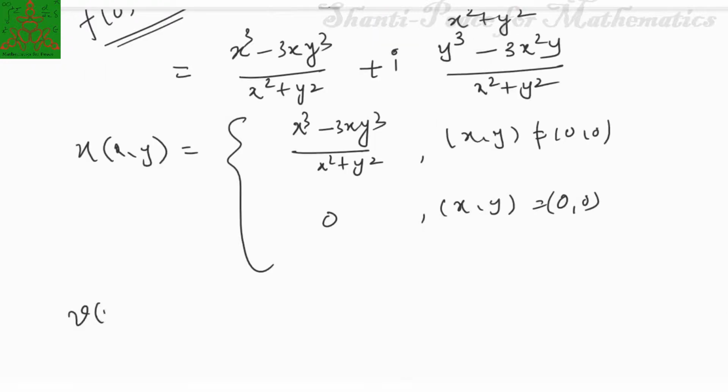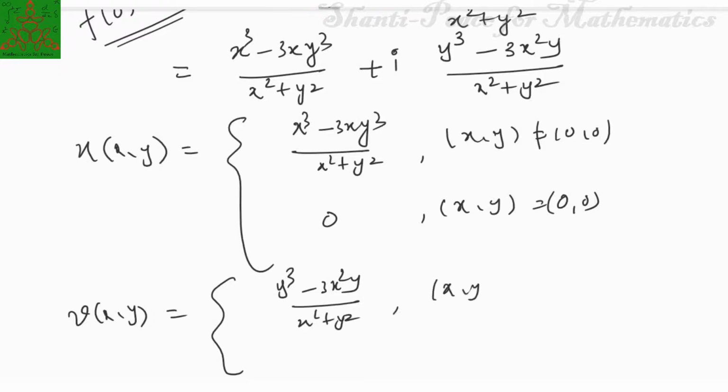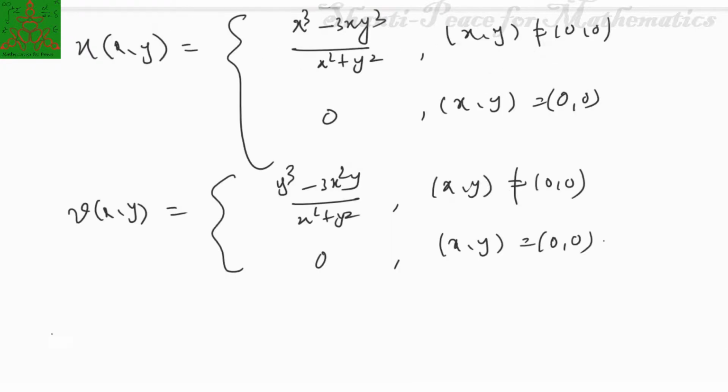And the v of (x, y) you will have is y cube minus 3x square y upon x square plus y square, as (x, y) is not equal to (0, 0), and 0 if (x, y) is equal to (0, 0). Now let us calculate ux at (0, 0), because I want to prove that at the point (0, 0) the CR equations are not satisfied.